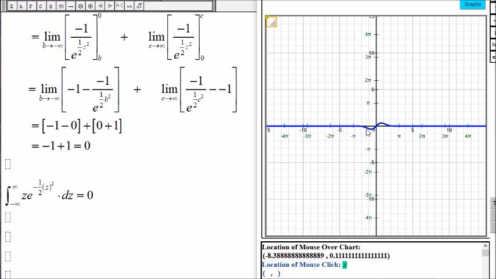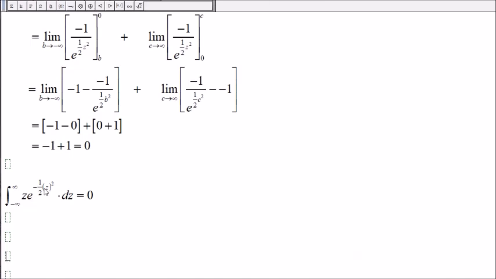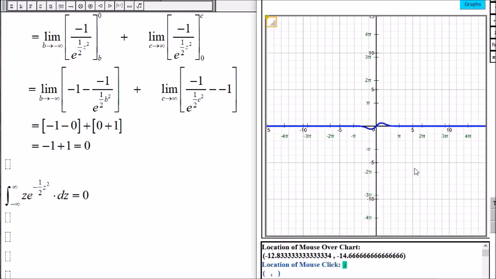This is the graph for the function y equals z times e to the negative 1/2 z squared. Looking at the graph, we can see that the area from 0 to positive infinity is above the x-axis, and the area from negative infinity to 0 is below the x-axis.